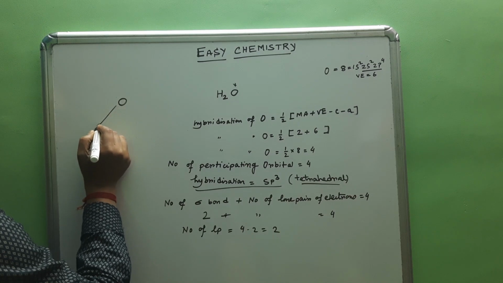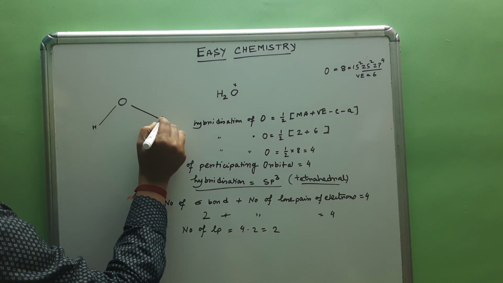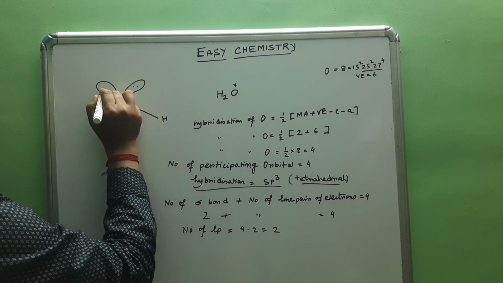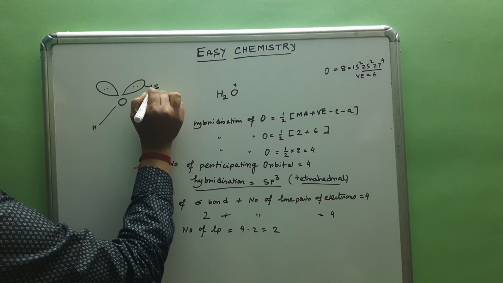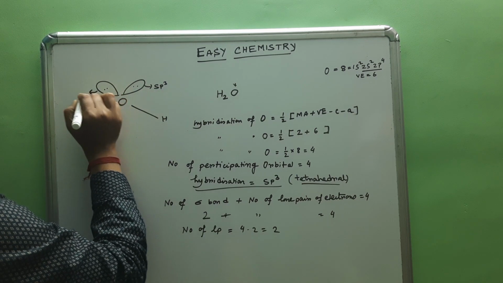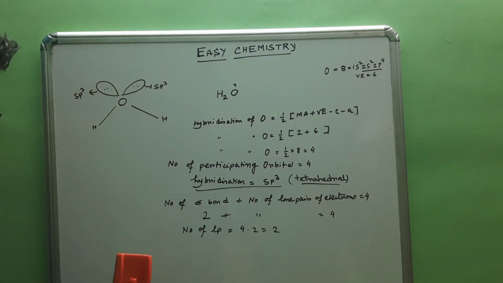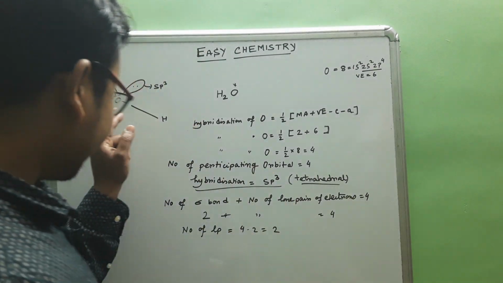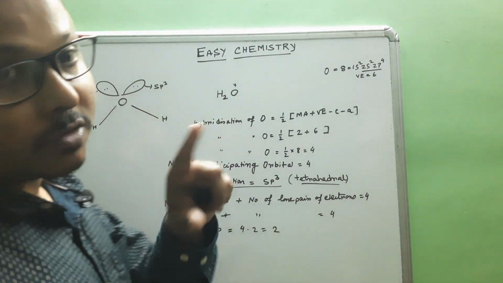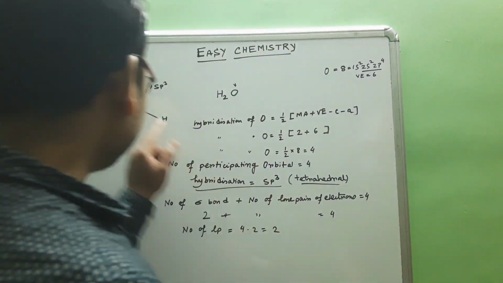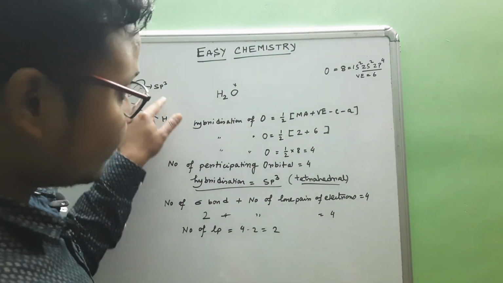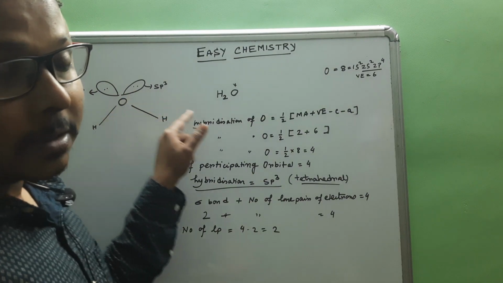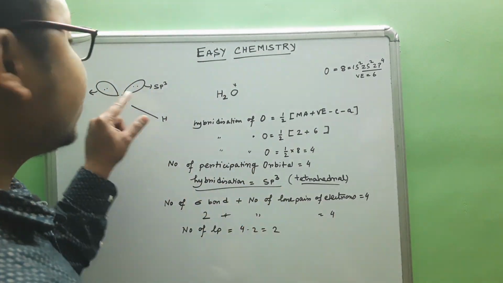But all these four orbitals are sp3. This is an sp3 orbital and this is an sp3 orbital, and these two sp3 orbitals each house a lone pair of electrons. I repeat, these two are sp3 orbitals because the hybridization of oxygen is sp3, and these sp3 orbitals house a lone pair of electrons in each.